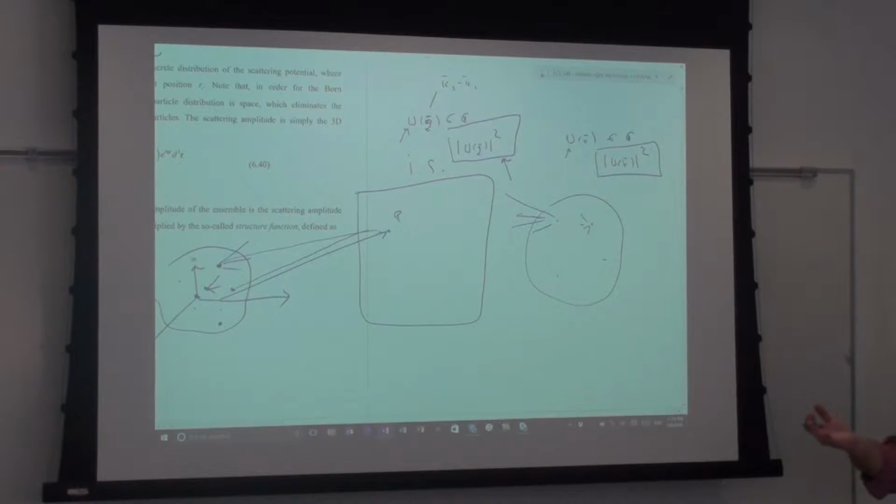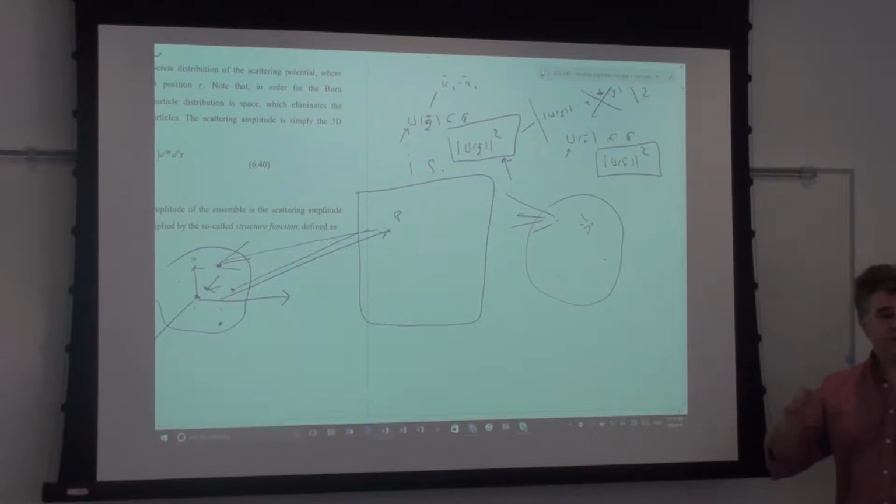Because the fields are just Fourier transforms of each other, right? But the intensities are not. You see? So once I took the magnitude square of this, it means the phase is gone. e to the i whatever, phi of Q. When I do the magnitude square of this, my phase is gone. This is the big difference.